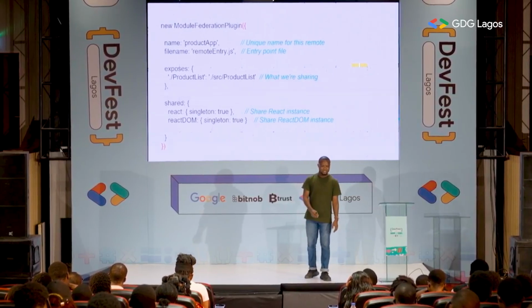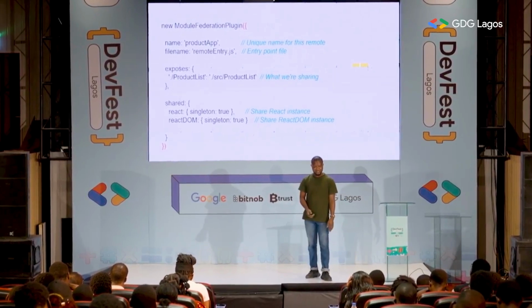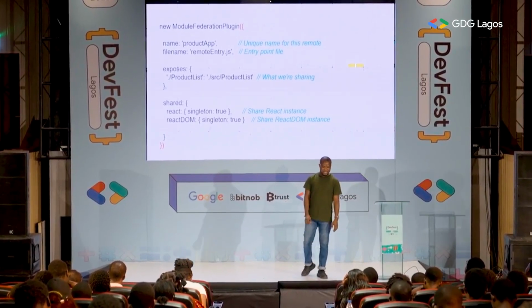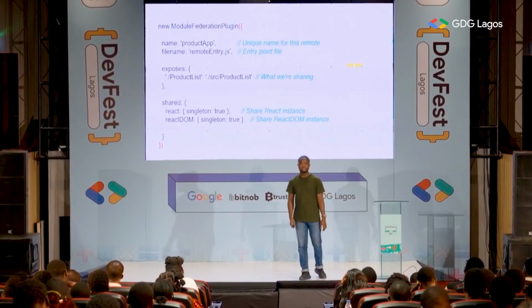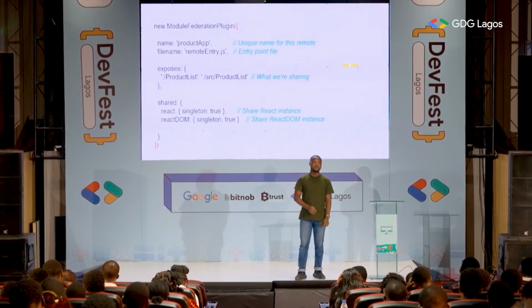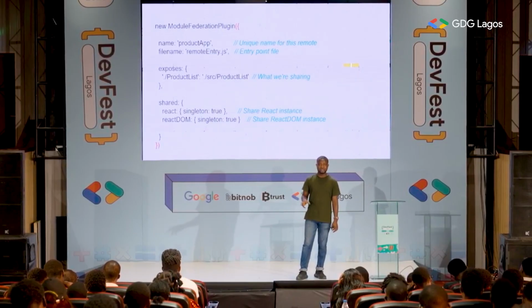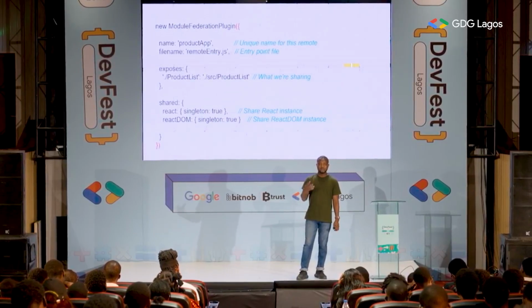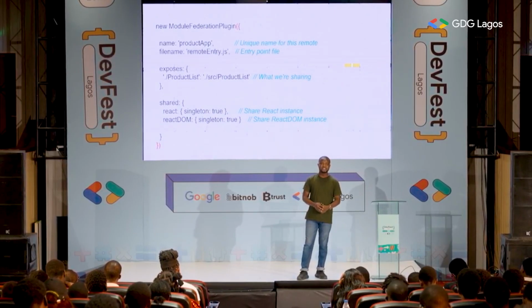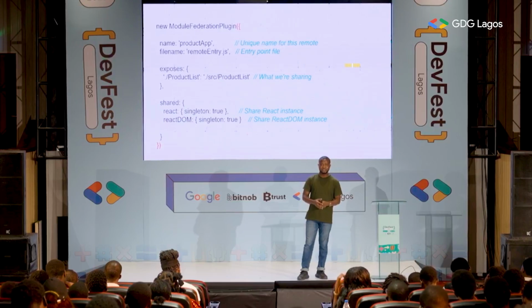This is what is being exposed to the host. That's the route in which your particular remote is picked from. And then the shared, we've talked about the shared. One cool thing is that in order to ensure that your application is scalable and well optimized, you need to ensure that you don't duplicate some things.